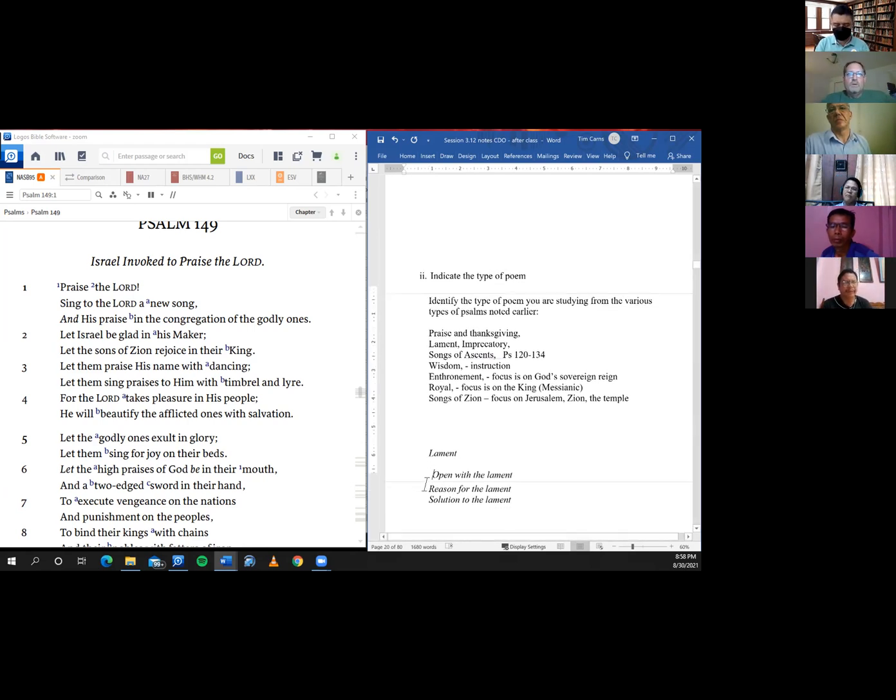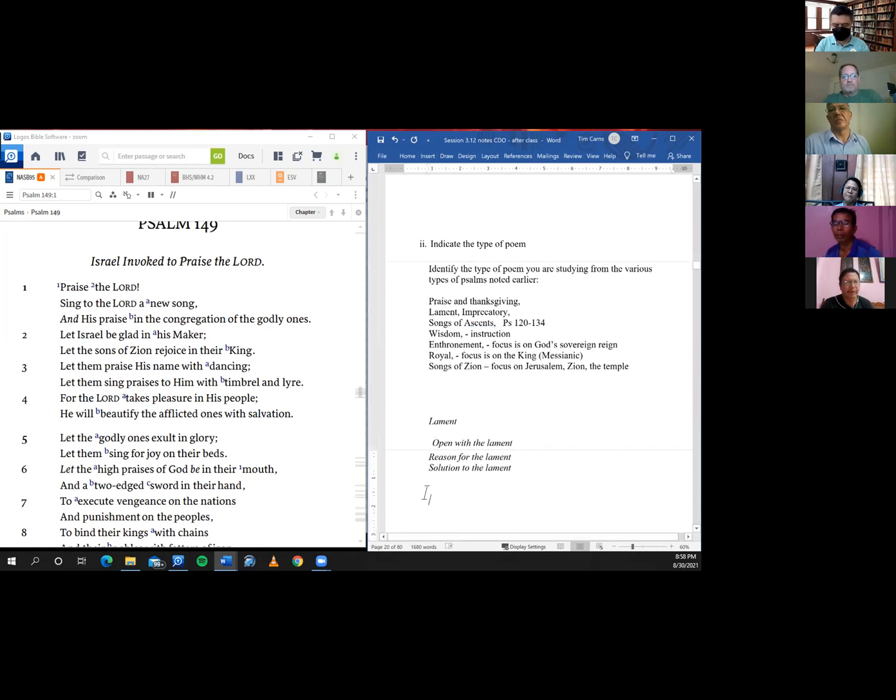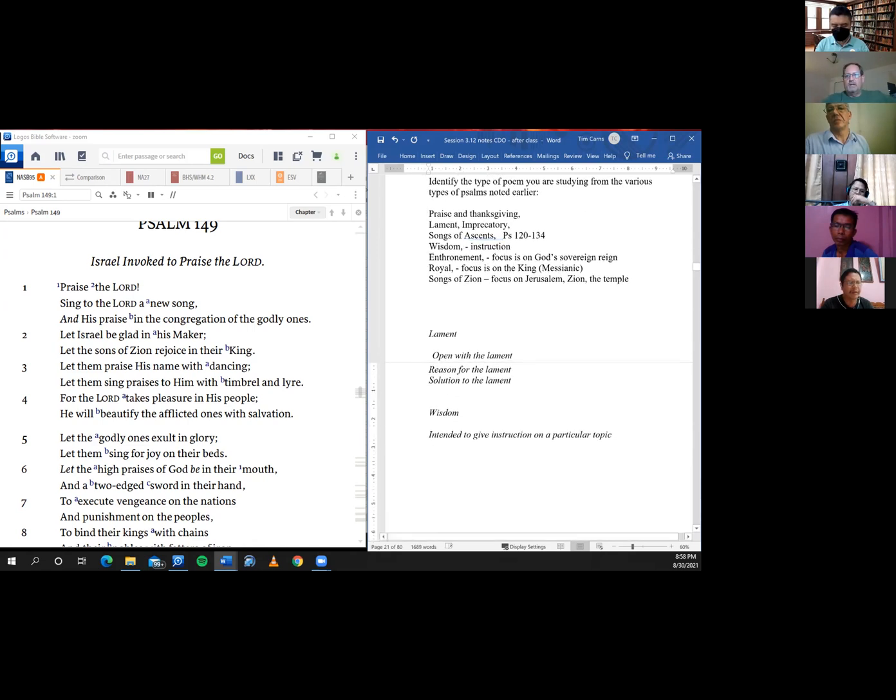Or if you have a wisdom psalm, you're going to expect that psalm is intended to give instruction on a particular topic. Okay, so it's not meant to be like a psalm of praise or thanksgiving or a lament. There isn't that same high level of emotion. The idea is more instructional. I think we looked at Psalm 78.